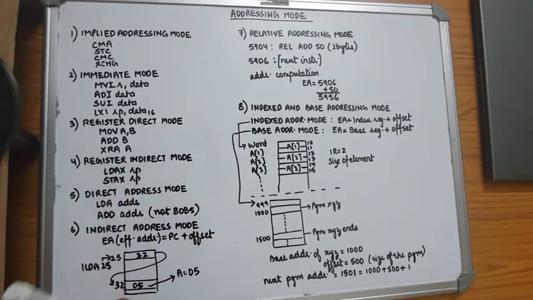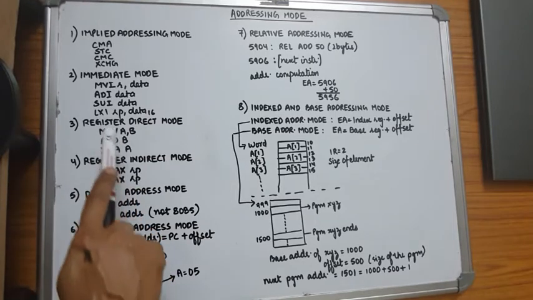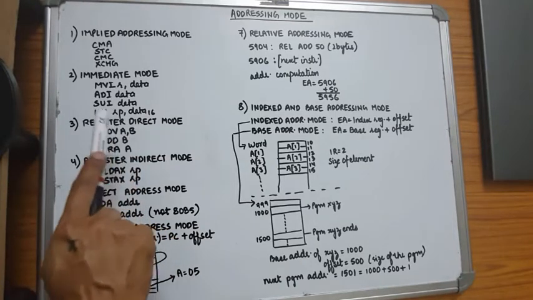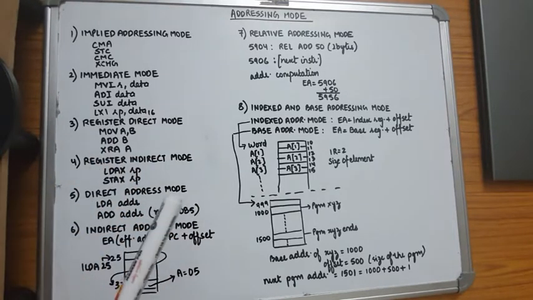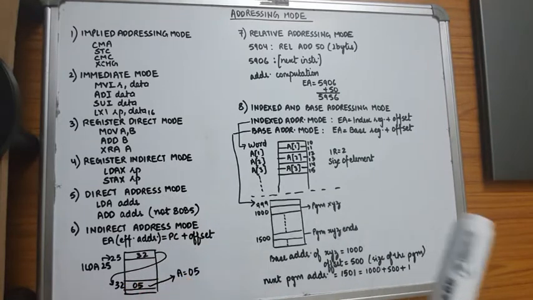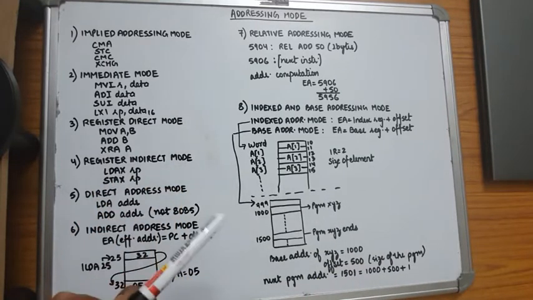The third category is register direct mode. Register direct mode specifies that the source of the data would be a register. The data will be brought from the register. MOV A, B: move the contents of register B to register A. So the data is coming from register B, so it's a register direct mode.